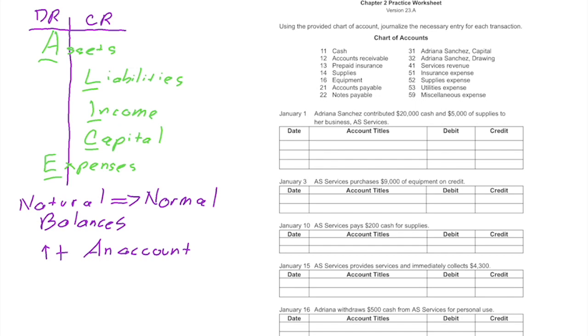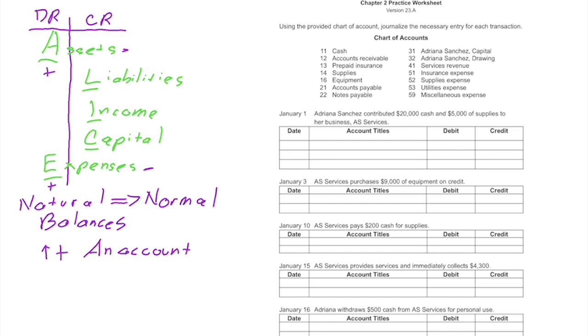So if we have cash and we wanted to increase it, we would increase cash with a debit. We would increase expenses with a debit. A credit for our asset over here would subtract it, and a credit for expenses would subtract them.